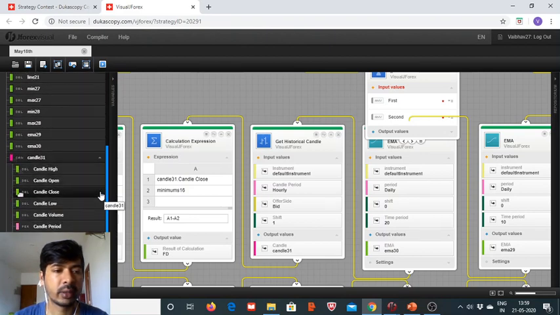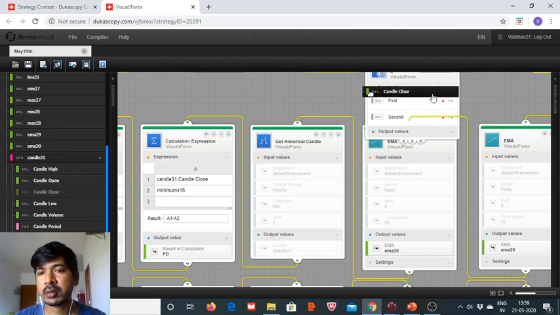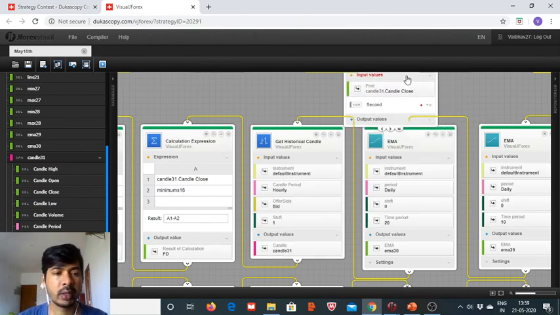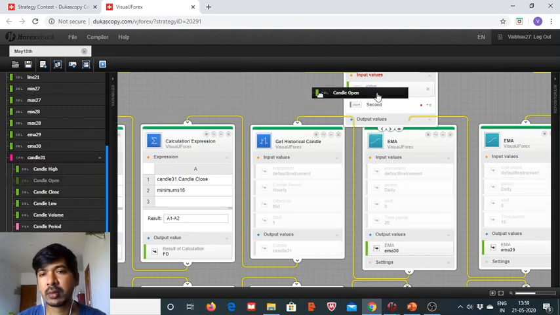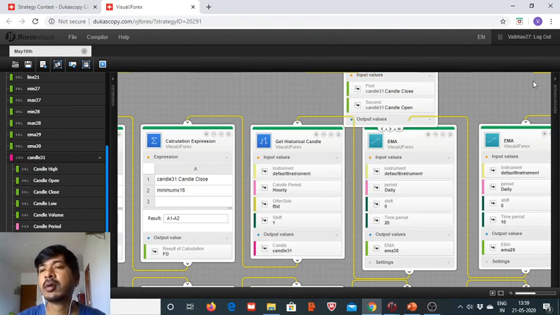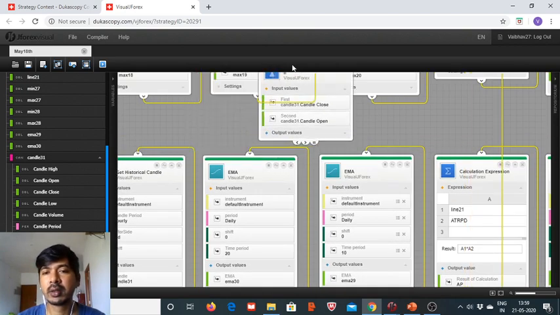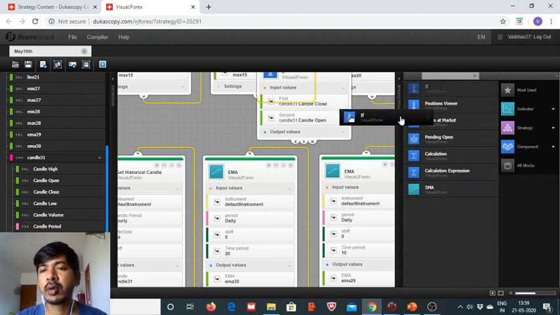Yes, it is, and its closing should be less than its open. That means it has closed with losses.